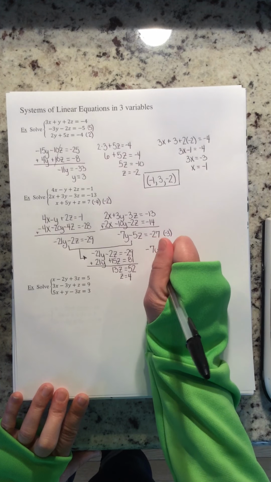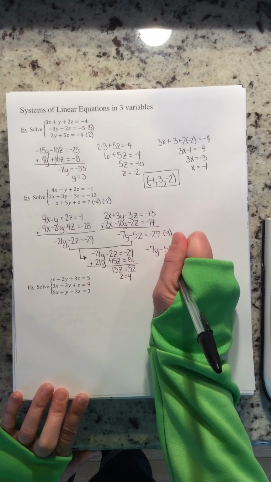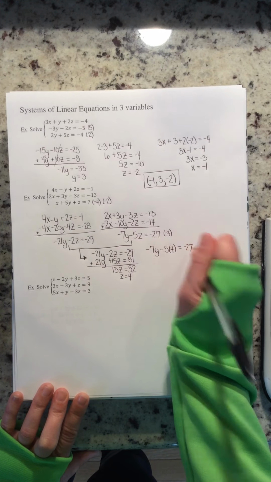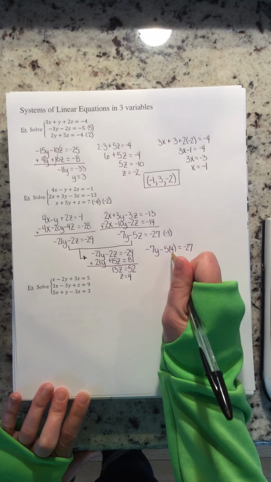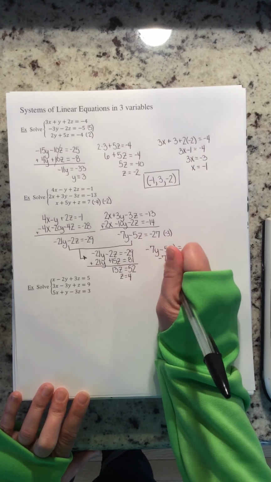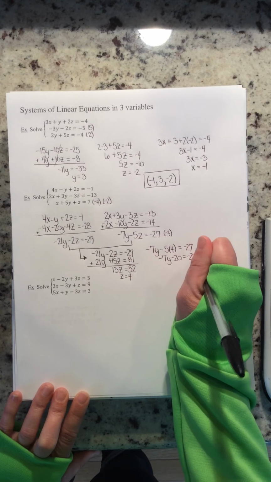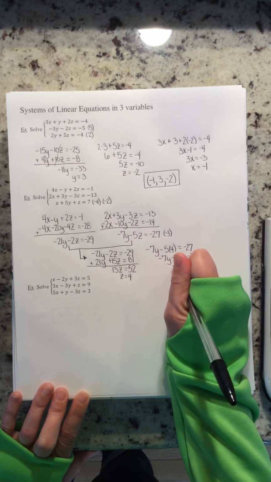So I'll have negative 7y minus 5 times the 4 is equal to a negative 27. Multiply first. 5 times 4 is 20, so it really says negative 7y minus 20 equals negative 27. When we add 20 to both sides, negative 7y is equal to negative 7. Dividing by a negative 7, we'll find y is now 1.